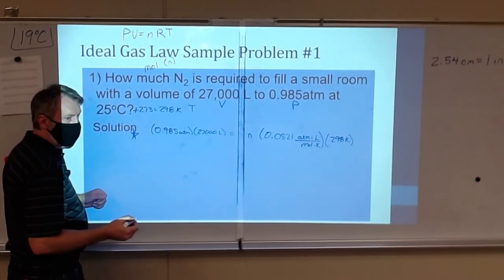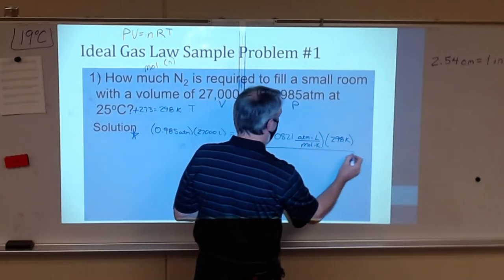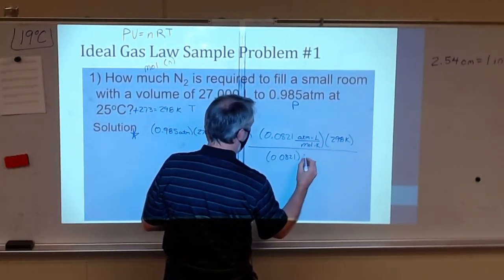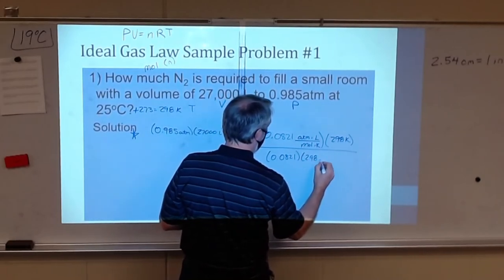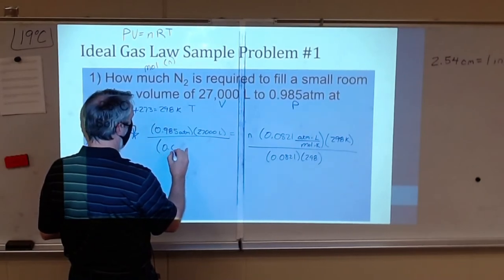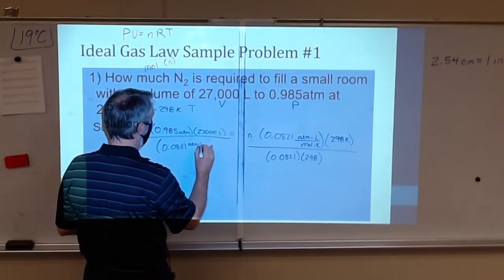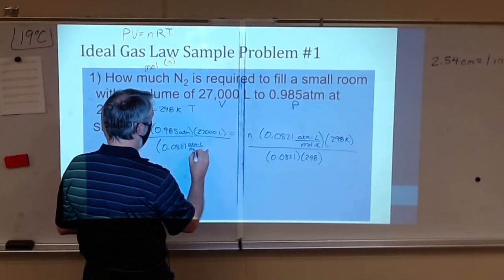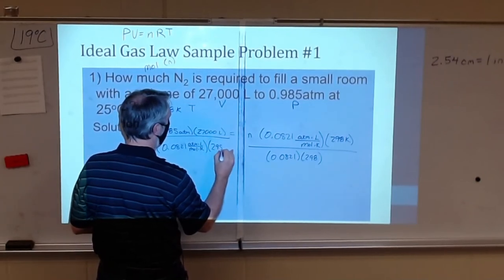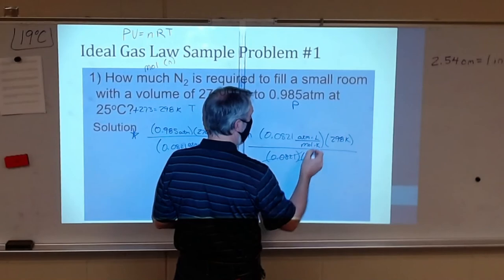This is pretty easy, though, right? Because n's going to be over here. I'm going to divide the whole thing by R times T, so atm, liters, and this cancels, right?